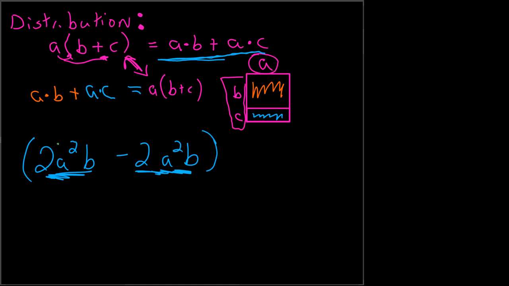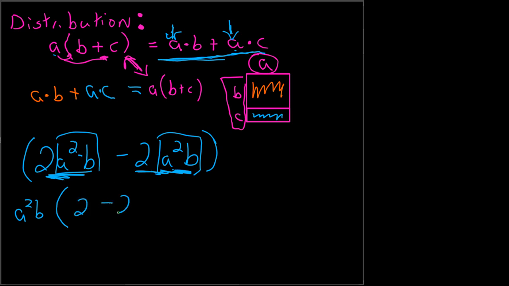I'm just going to focus on the variable portion though. The exact same thing started on the outside, so I'll take the a squared b and leave them on the outside. That leaves me with 2 minus 2 on the inside. And we know 2 minus 2 is 0, and 0 times a squared b equals 0.